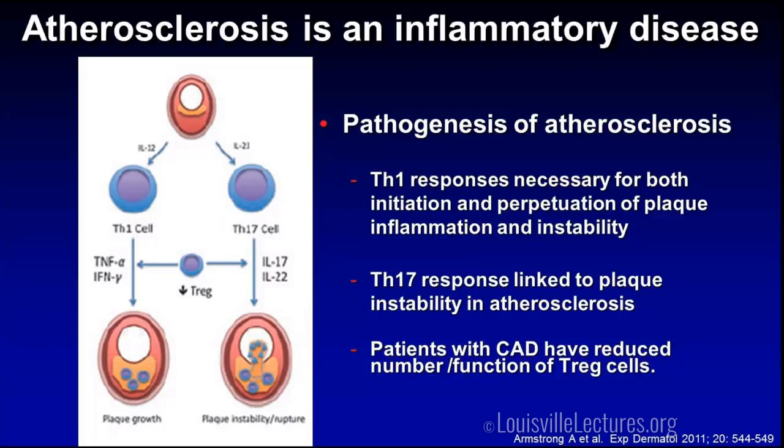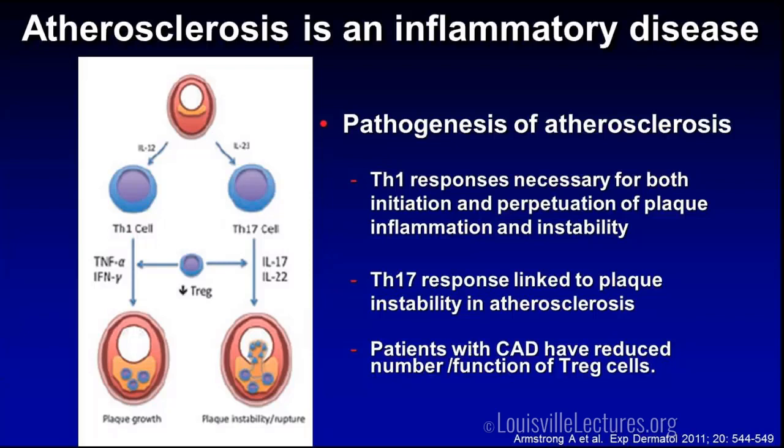In fact, they are necessary for the initiation, but also the progression of atherosclerotic plaque inflammation and stability. But the pathogenesis of atherosclerosis also involves Th17-mediated inflammatory responses and pathways, as well as a number of inflammatory cytokines and a decrease in T regulatory cells.